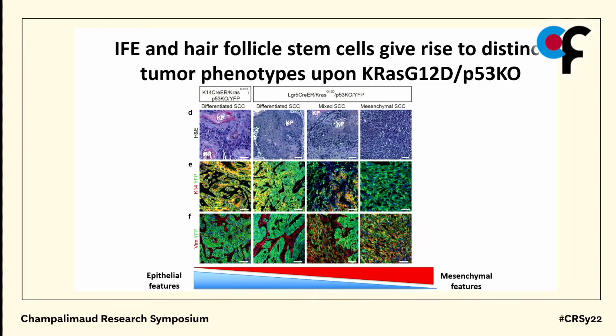But in the hair follicle-derived tumor, we observe a more frequent type of tumor, which we call mixed SCC, a tumor in which there was an epithelial part, but also some cells that underwent EMT, lost the epithelial marker expression, and began to express a mesenchymal marker, so a classical example of EMT.